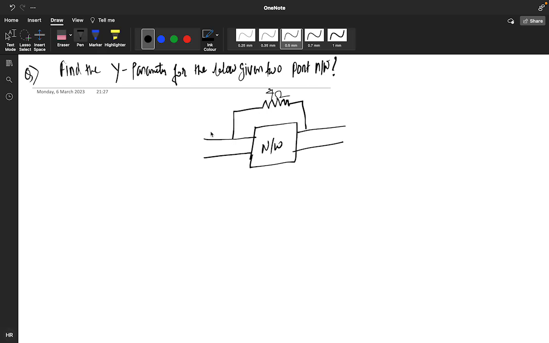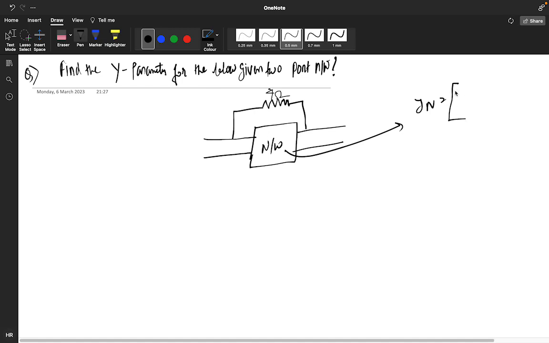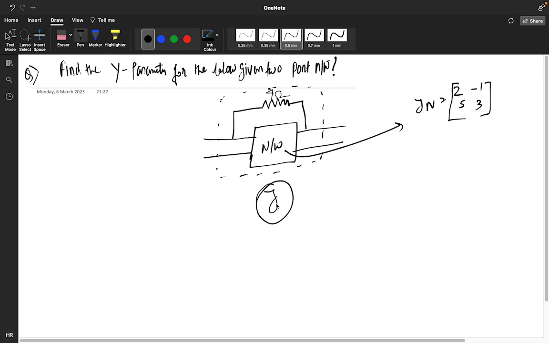It is given that the Y parameter of this two port network is 2 5 minus 1 3. Now you need to find the overall Y parameter of this two port network.